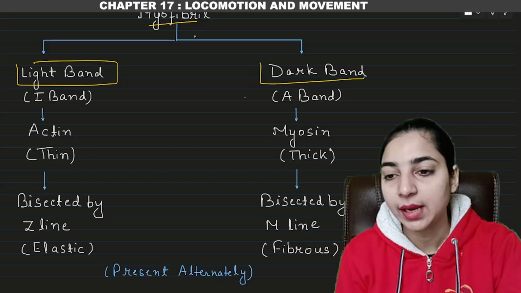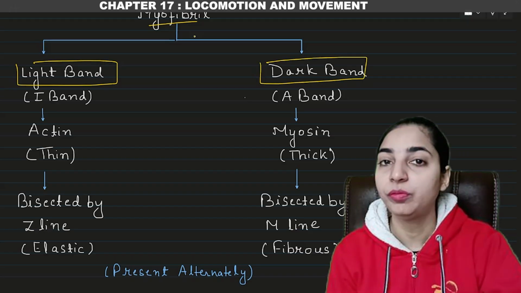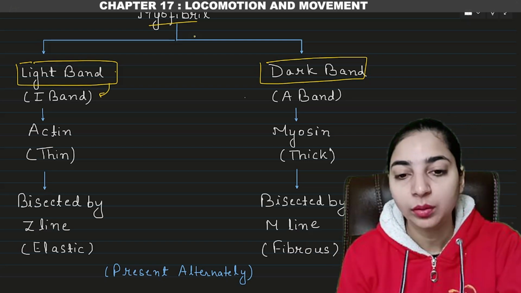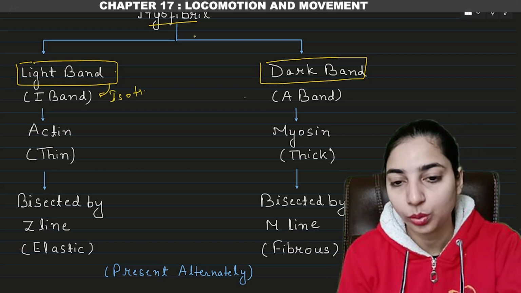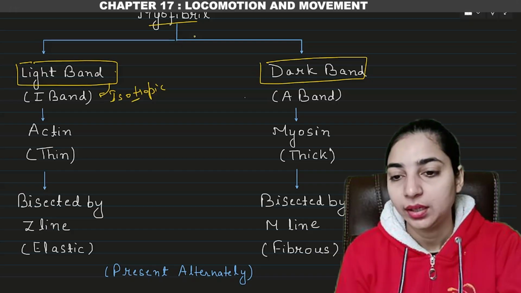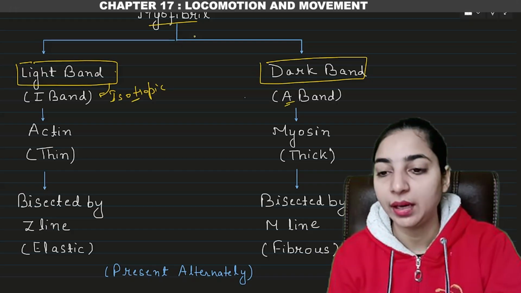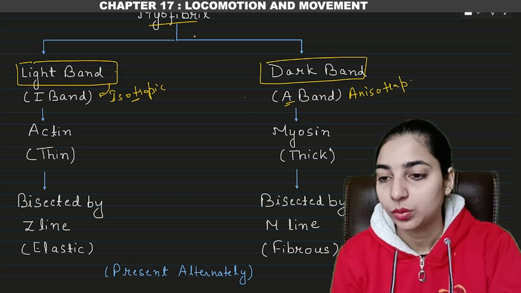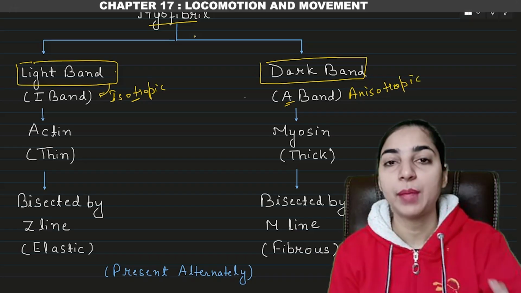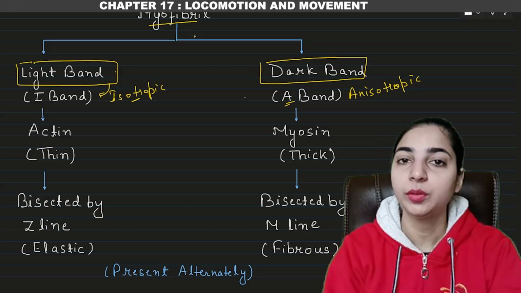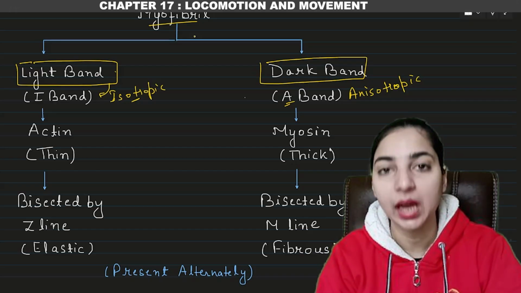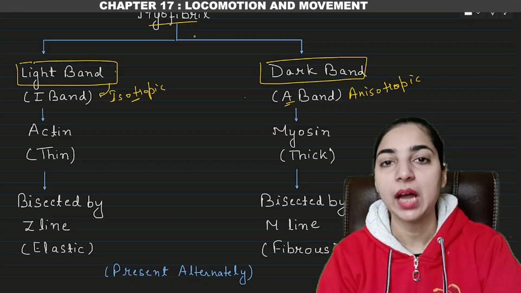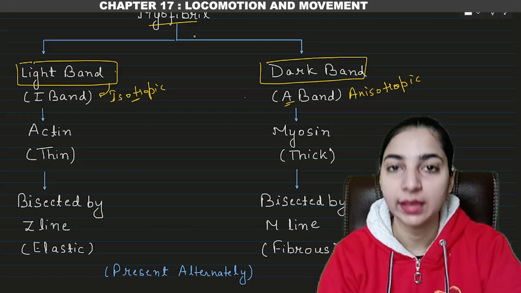The light band is known as the I band or isotropic band, and the dark band is known as the A band or anisotropic band.